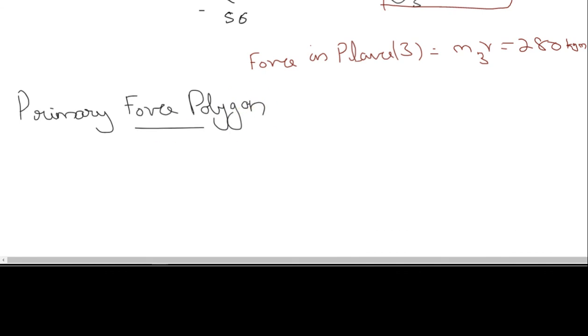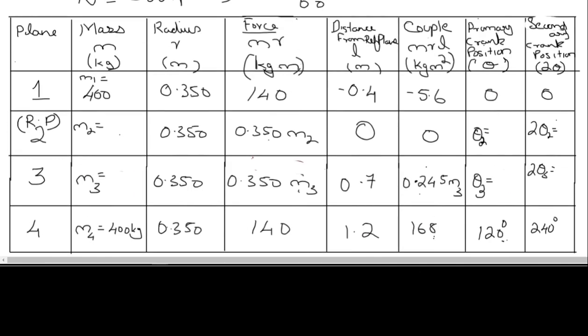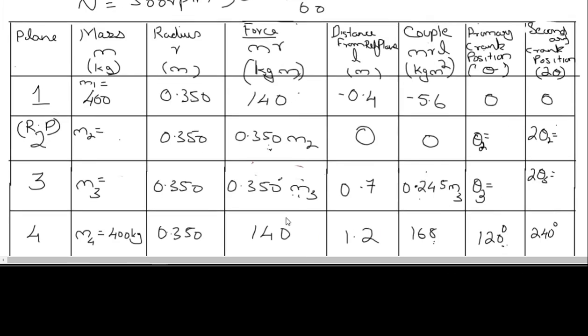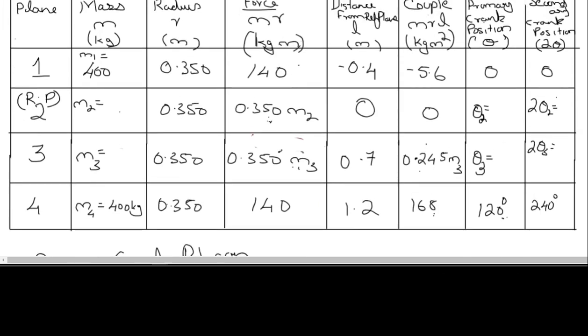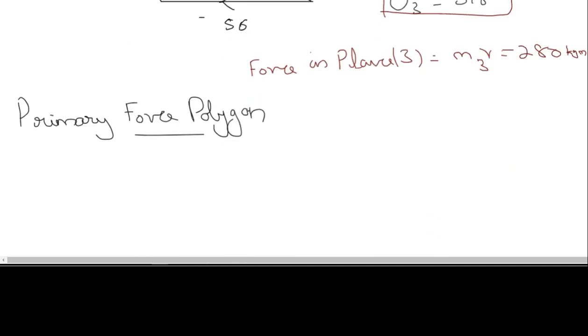For drawing the primary force polygon, these are the forces: 140, 0.35 into M2. This has to be found out, but this we already got as 280 because we got M3 from this one, and we also got theta 3 as 318. And 140. So we got 4 sides, and 3 sides and 3 angles are known. So we can draw a polygon.